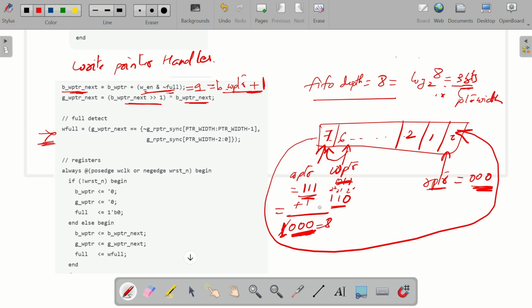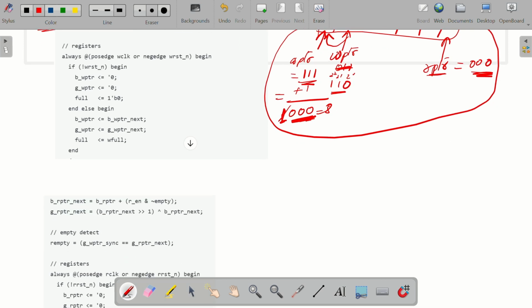Okay, so this can be further explained by my read pointer is 000. My right pointer is 000, and the MSB bit is 1. So I'm ignoring this MSB bit in order to find the location, which is nothing but the first location of 000. This is in case of binary.